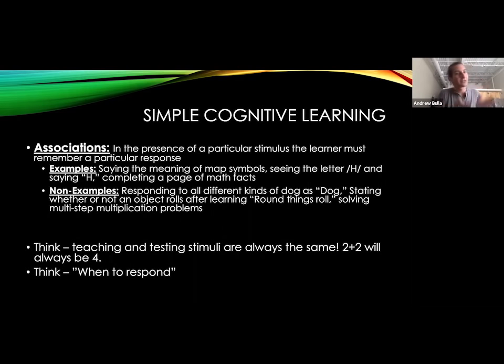So psychomotor is how they respond. So think about psychomotor as being able to produce sounds. An association would be hearing the sound, and the learner repeating the sound. So it's now using that psychomotor response in the presence of a stimulus.